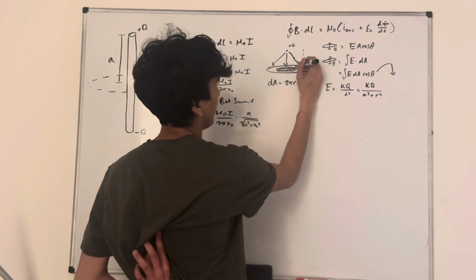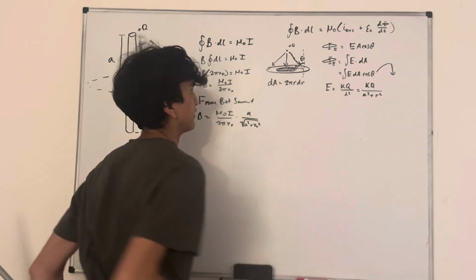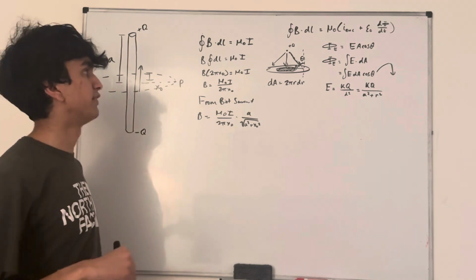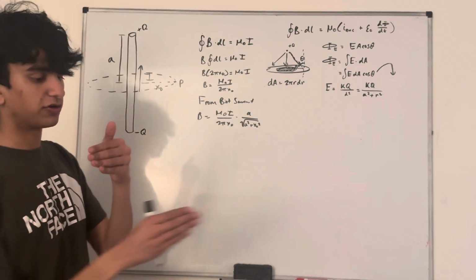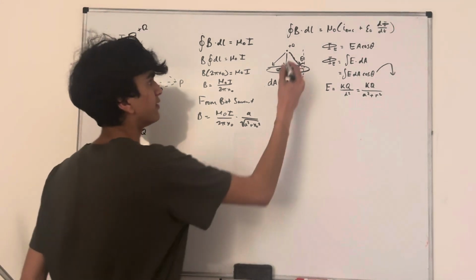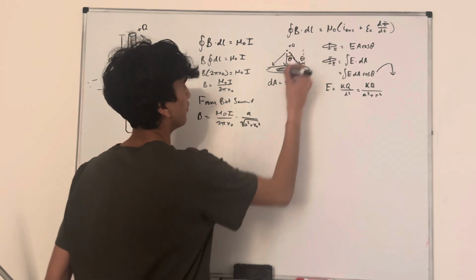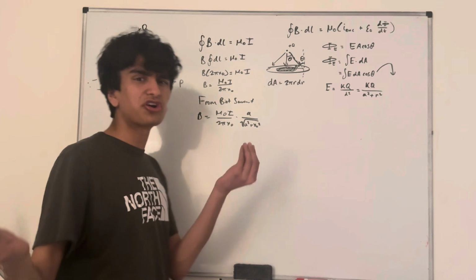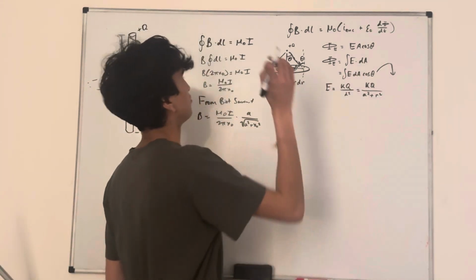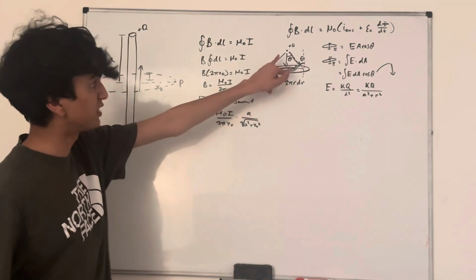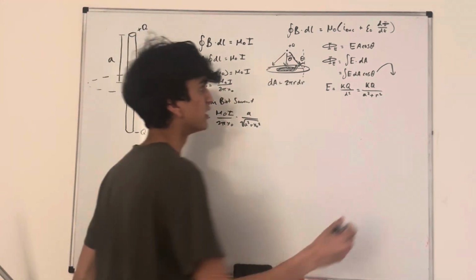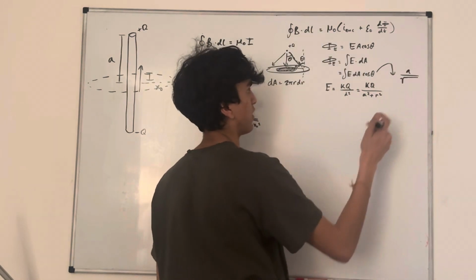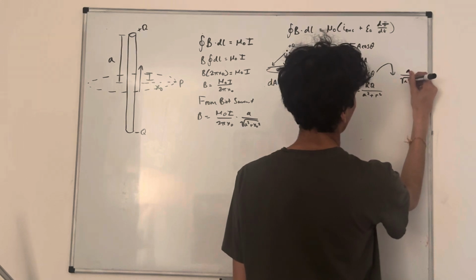It's going to be this angle right here, because the area vector is always normal to the surface. Well, that's this angle theta, by geometry, identical interior angles. Those are the same theta. So the cosine of this theta is always going to be adjacent over hypotenuse: a over root a squared plus r squared.